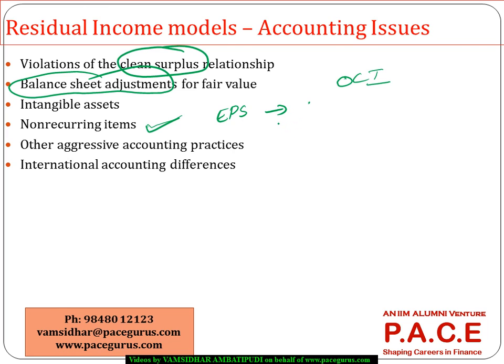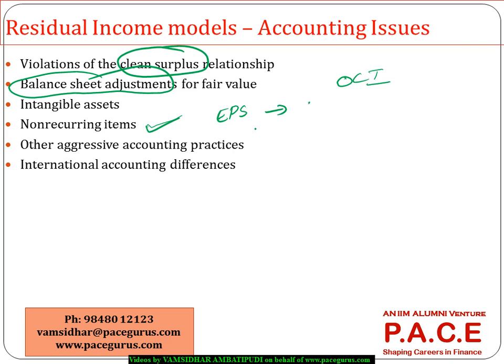And if any other aggressive accounting practices are there, such as showing everything as an operating lease or as an R&D expense, it's better that we capitalize them and show expenses in a gradual manner rather than aggressively showing everything as an expense. And especially on international differences, when we are doing a valuation, we must understand the accounting practices of those particular countries and make the appropriate changes so that the residual income gets calculated in a better manner, which will help us in doing a better valuation of the firm.